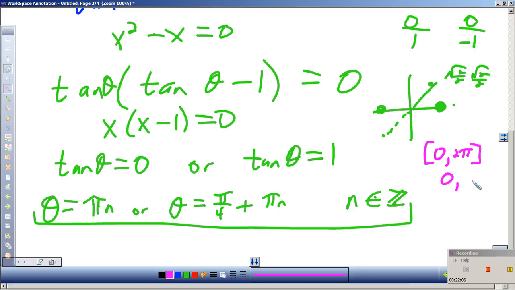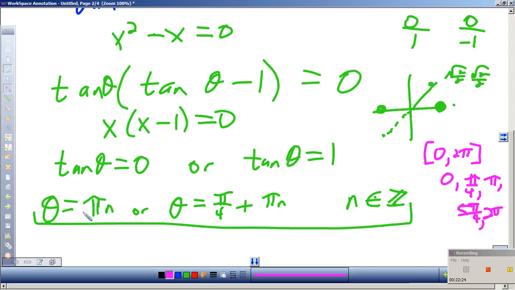Okay, 0, pi 4, 5 pi 4... Is 3 pi 4 one of them? No, okay. 5 pi 4, and 2 pi.